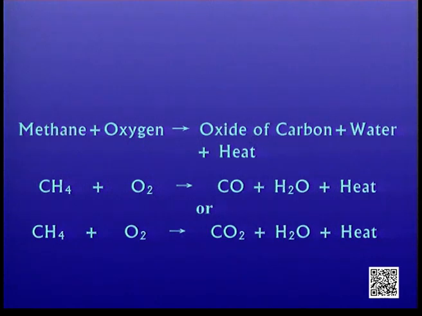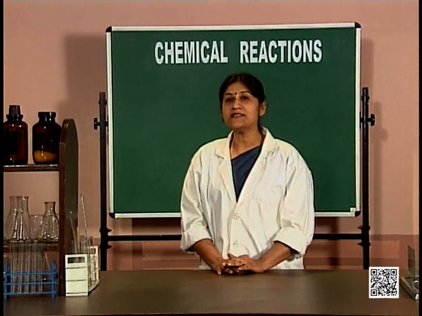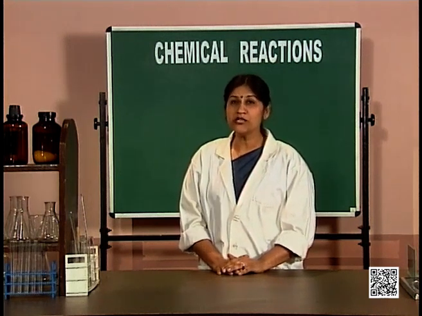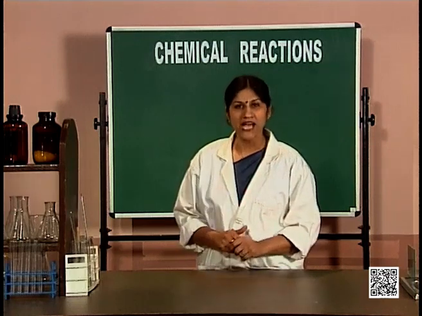And each of these reactions results in the liberation of energy in the form of heat and light. Such chemical reactions in which heat is released along with the formation of products are known as exothermic reactions.